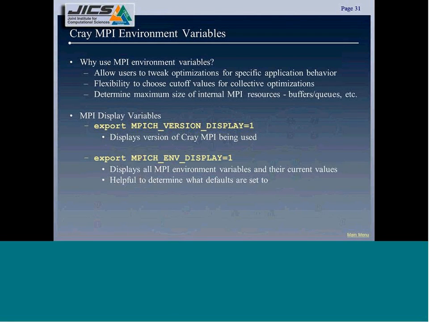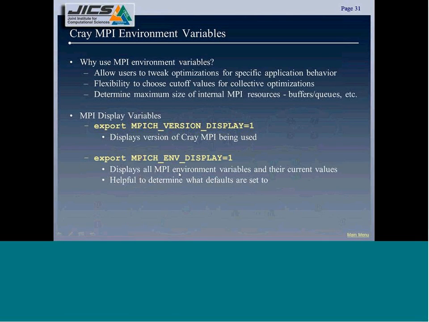You will use MPI variables called MPI version display. It will give you the version of Cray MPI that you use. But all of the MPI variables use a display called MPI display. You have to set them to 1, or they're set to 0.